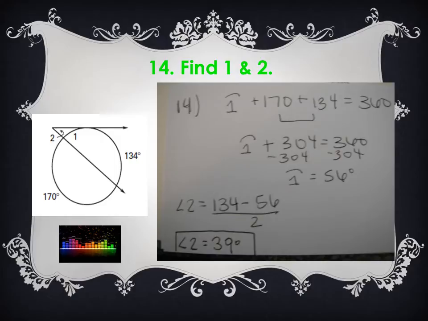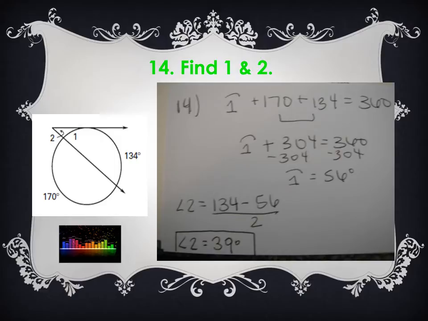Looking at this problem, our circle is split up into 3 arcs: arc 1, the arc whose measure is 134 degrees, and the arc whose measure is 170. We know that all of the arcs inside of a circle add up to be 360 degrees. So we set ourselves up an equation to find arc 1 first.